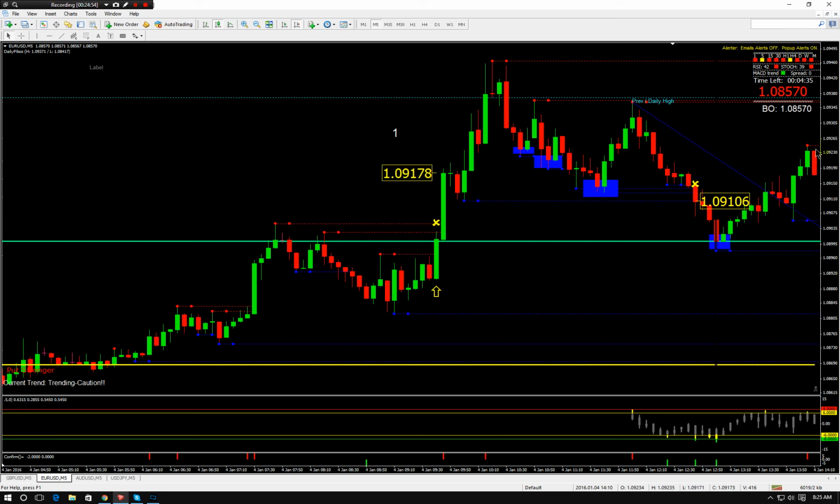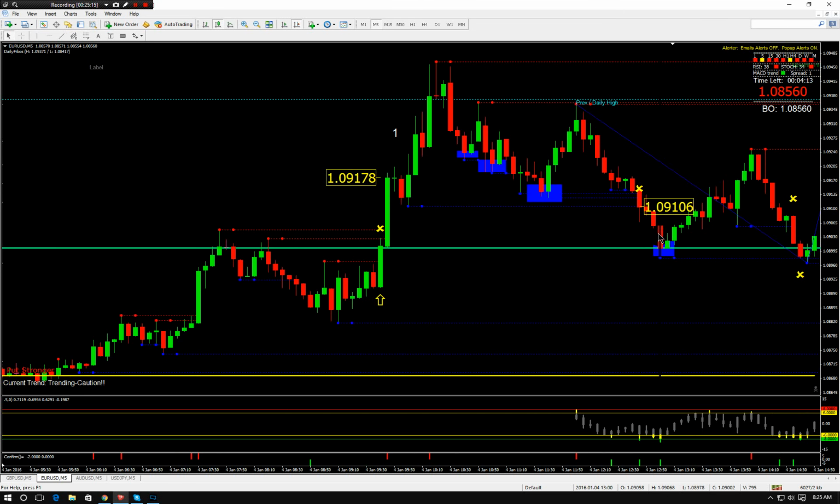Here's a higher high and we get it lower. So we still have higher highs forming lower, but our lower lows are not conforming to the higher highs. So that's a little bit of a warning that we're probably still in consolidation.